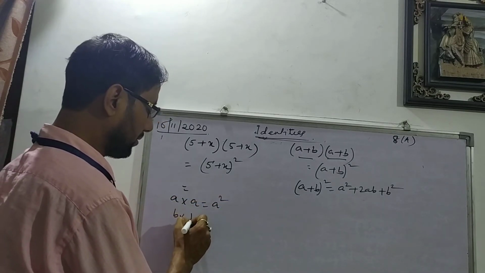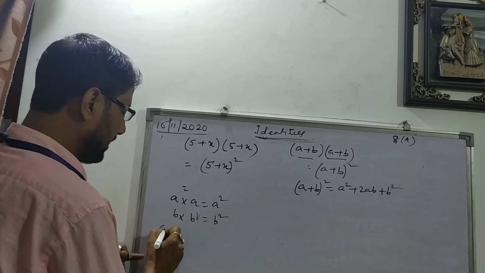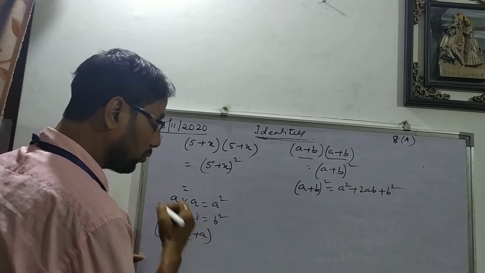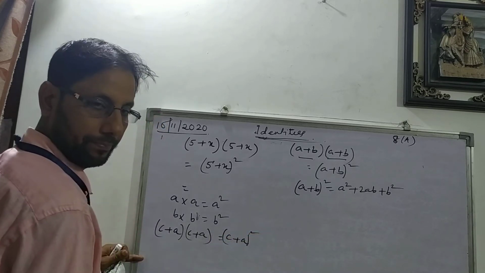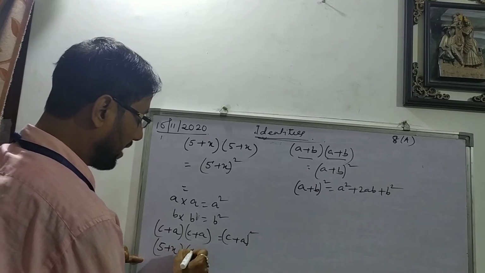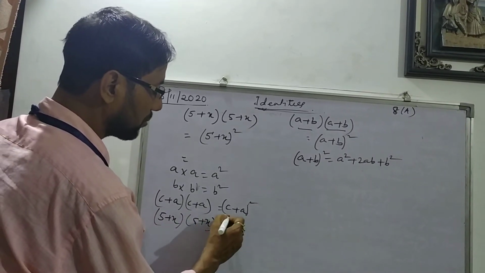B into b how much? Is equal to b square. If I write c plus a into c plus a, here also we will write c plus a whole square. So 5 plus x multiplied by 5 plus x, I will write 5 plus x whole square.